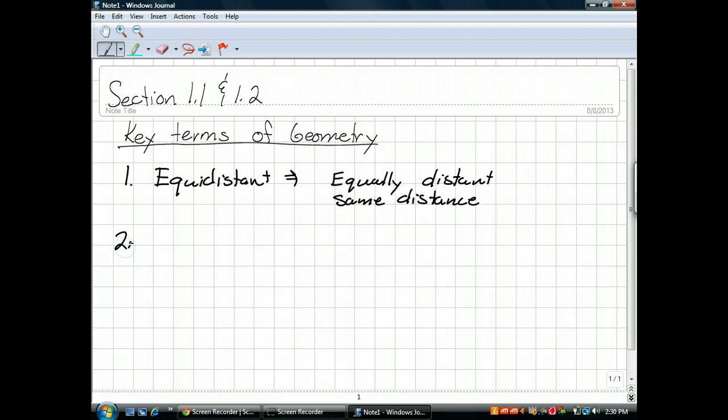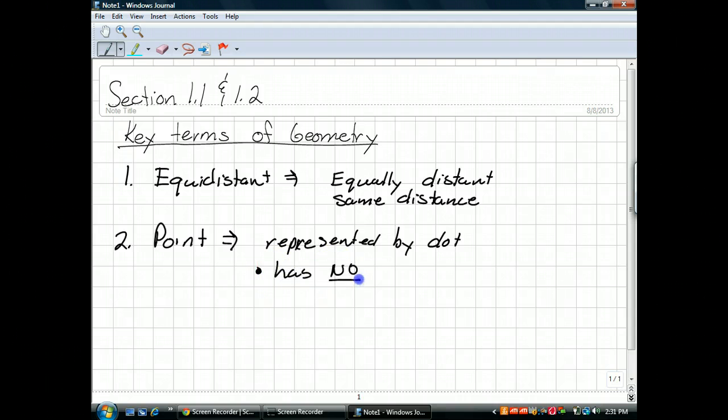Number 2 is point. Now, a point is represented by a dot. The key idea is a point has no size.